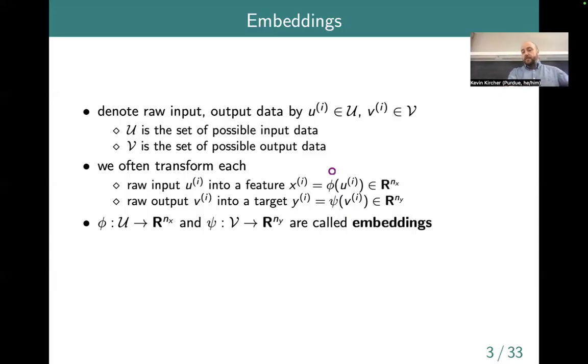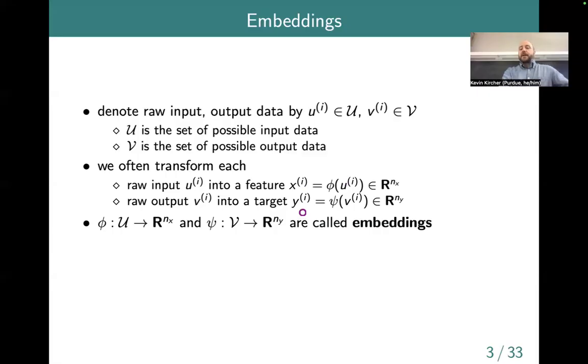And it maps it into a vector-valued feature, x. So here n_x would be the dimension of that feature vector, and it's not necessarily the same as the dimension of the u. And this u stuff could be non-numerical data. So again, it could be a string, it could be the day of the week or something like that. But generally, x here would be numerical. So it would be a number.